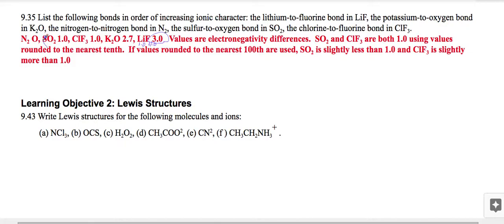And we can see this right here. We have 1.0 and 1.0 for those. And I have a note here. They both have 1.0 if we round the electronegativities to the nearest tenth. But if you look up values that have these electronegativities at the 100th decimal, you're going to see that SO2 is slightly less than 1, while ClF3 is slightly more than 1. So that's how I was able to put those two in the correct order.